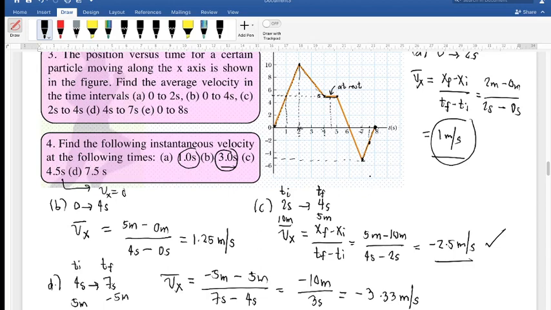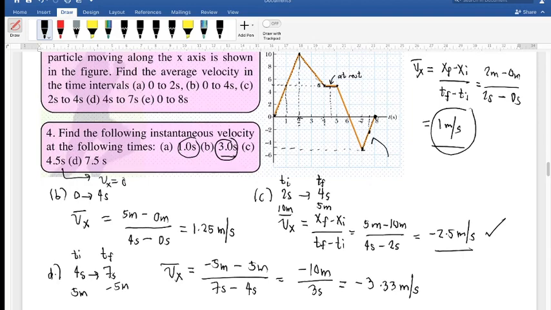Okay? So how to do that one? So your instantaneous velocity is just equal to the average velocity between 8 and 7. Okay? So we have here 8. So ano yung position ng 8 seconds? 0 meter. Ano yung position ng 7 seconds?